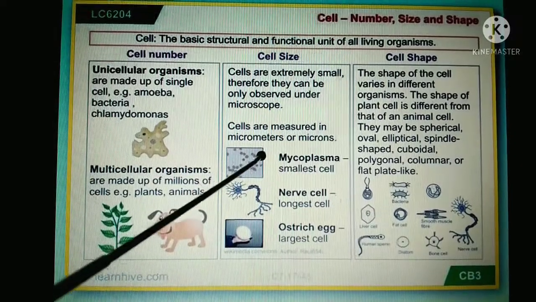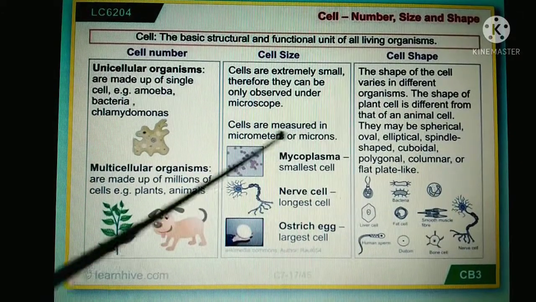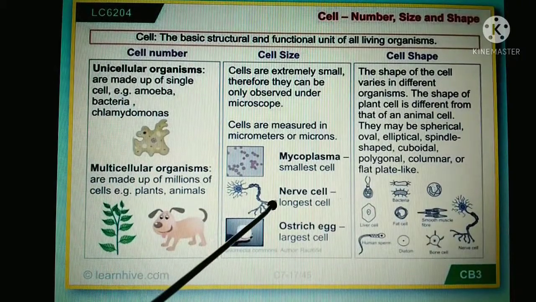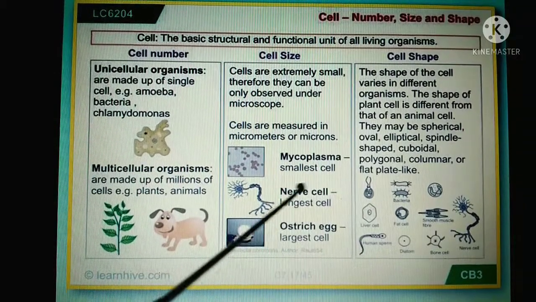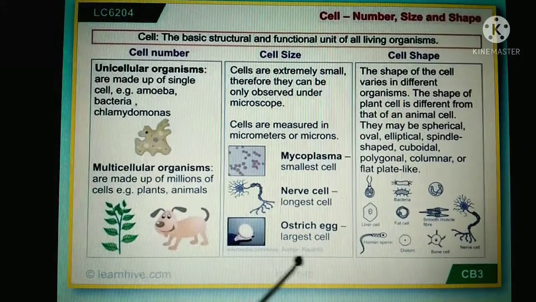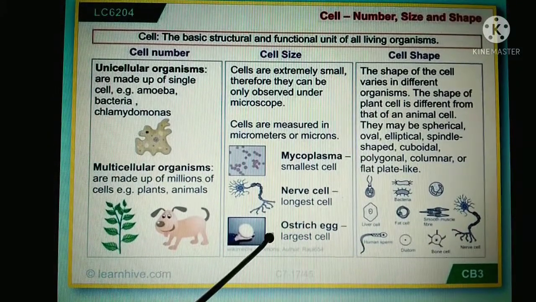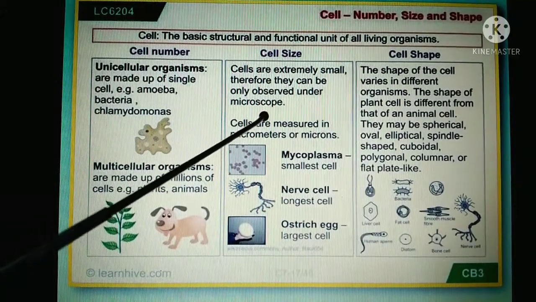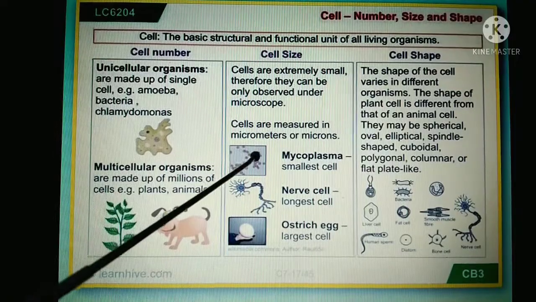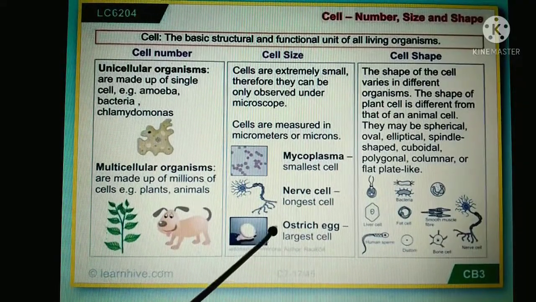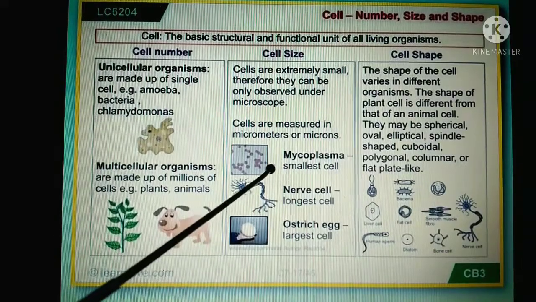The smallest cell is the mycoplasma, nerve cells are the longest cells, and the largest cell is the ostrich egg. They are observed under a microscope, and according to their size and structure, they can be differentiated into the longest, largest, and smallest cells.